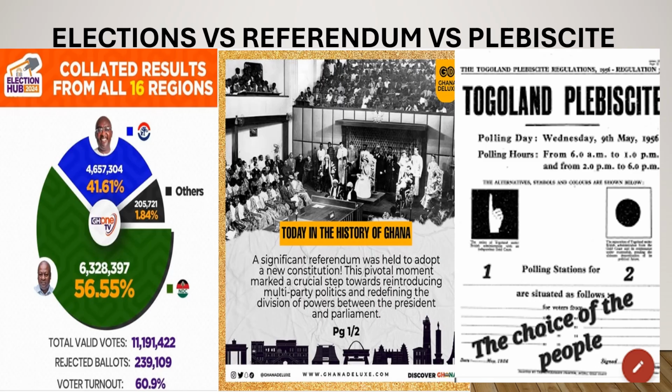That constitution is what has ushered us into the Fourth Republic till date. It was overwhelmingly approved, with 92.56% in favor of this particular constitution. The one on your far right has to do with the Togoland plebiscite, where you see the voter choice 1, 2. That's how the voting looked on that.